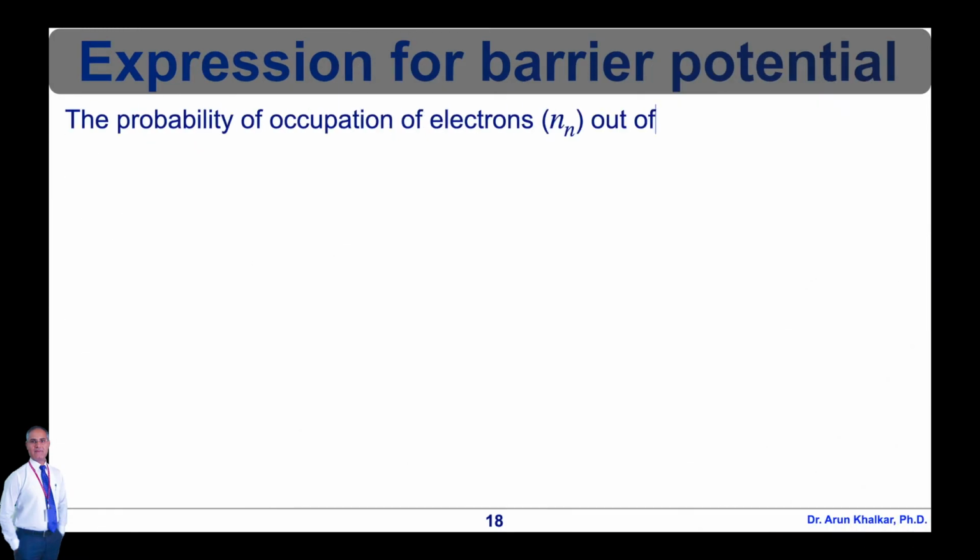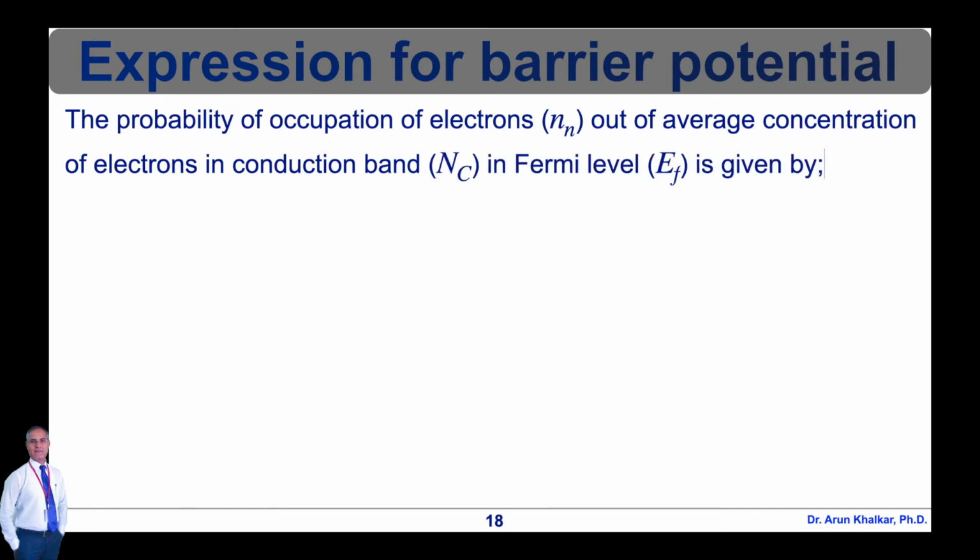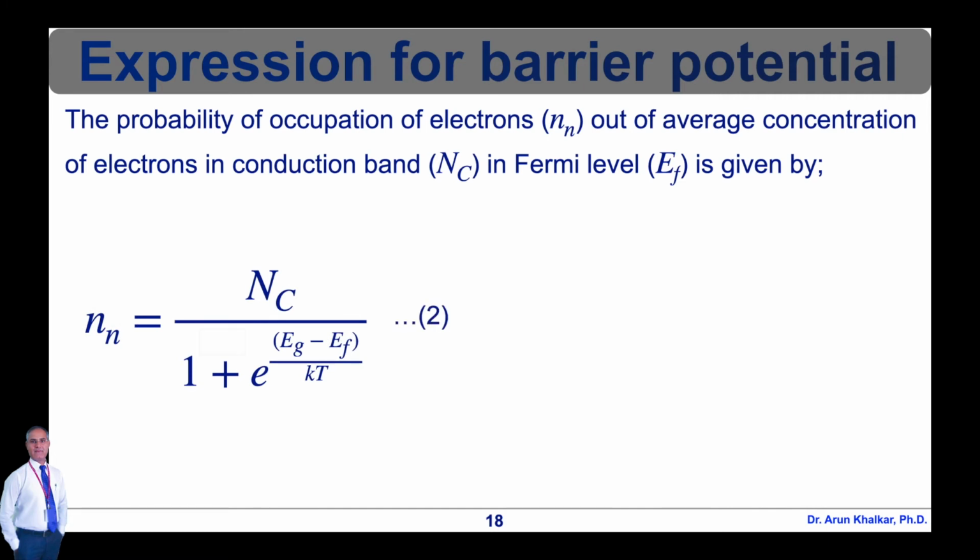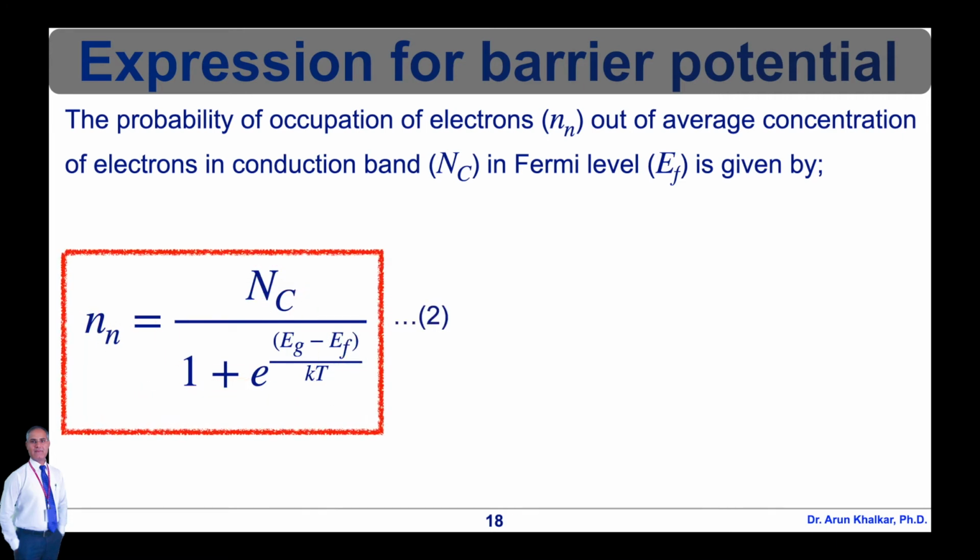Using the Fermi function, the probability of occupation of electrons, small n subscript n, out of the average concentration of electrons in the conduction band, which is capital N subscript c, in Fermi level capital E subscript f is given by n is equal to Nc divided by 1 plus exponential of Eg minus Ef upon kT. Let's say this is equation number 2.